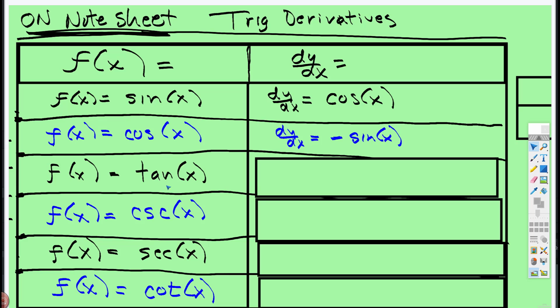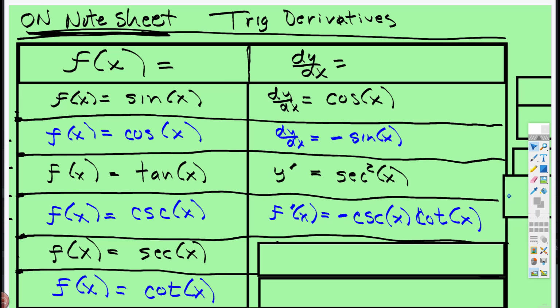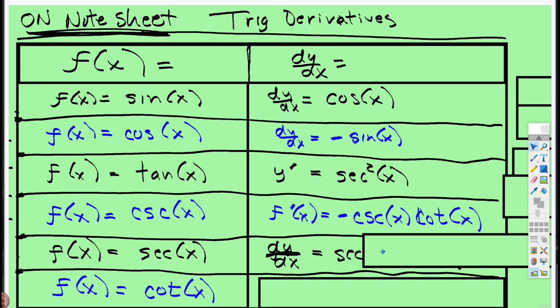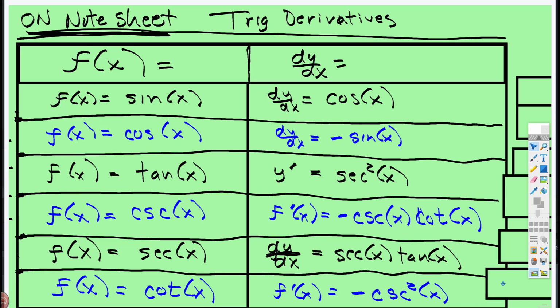If the original function is tangent, tangent's derivative is secant squared x. If the original function is cosecant, cosecant's derivative is negative cosecant cotangent. If the original function is secant, secant's derivative is positive secant times tangent. And finally, if the original function is cotangent, its derivative is negative cosecant squared.